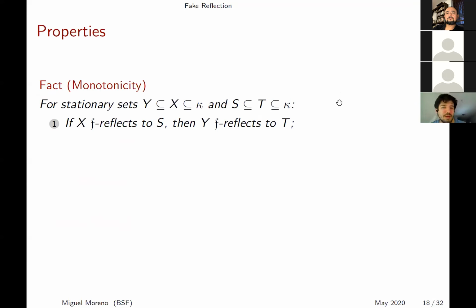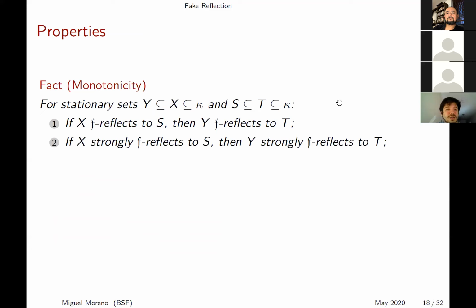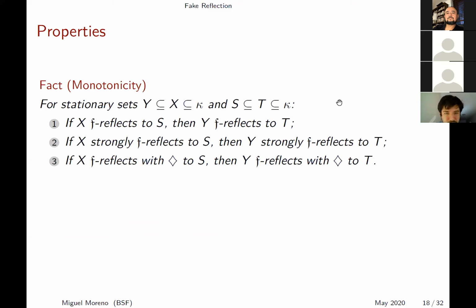So a property of filter reflection is monotonicity. So if X filter reflects to S, then you can take a subset of X, call it Y, and it filter reflects to a superset of S. This also holds for strong filter reflection and for filter reflection with diamond.